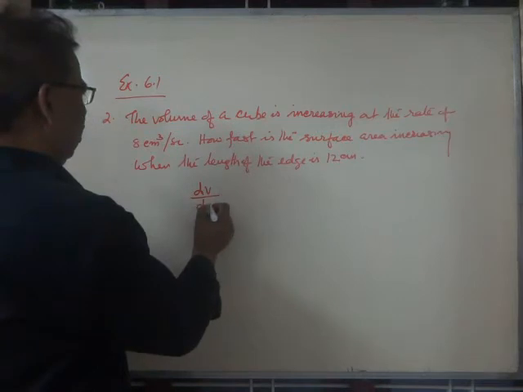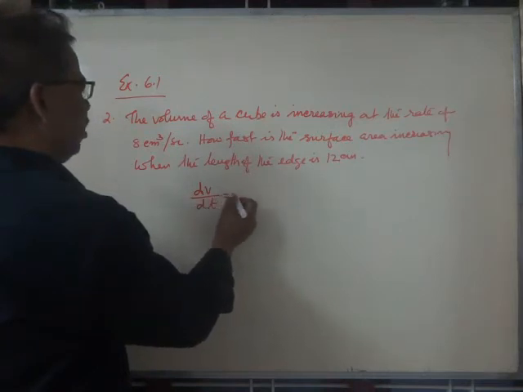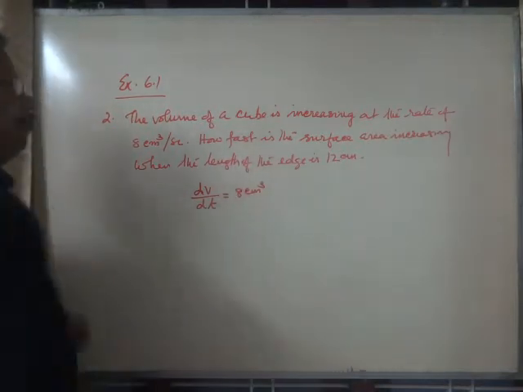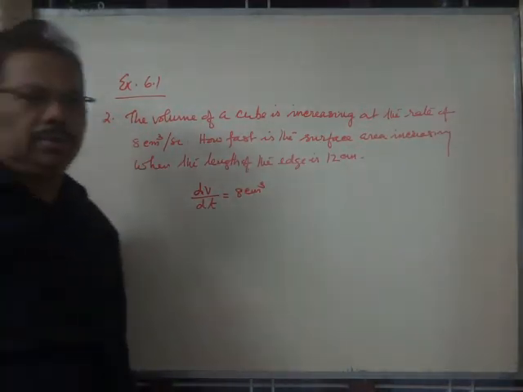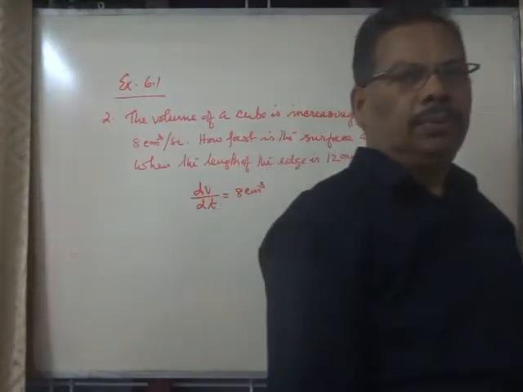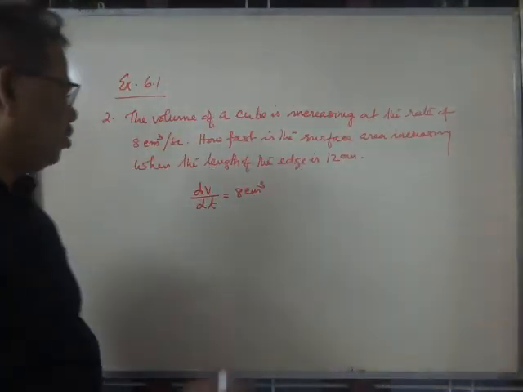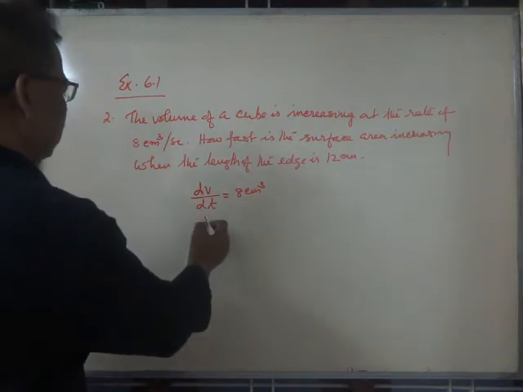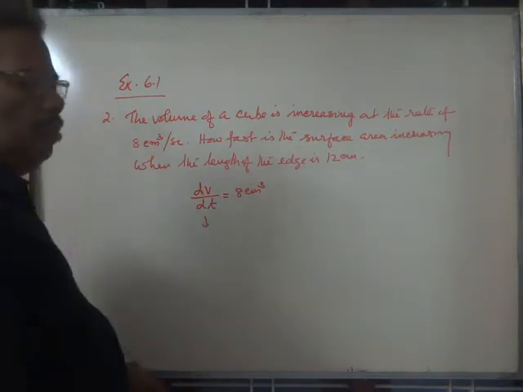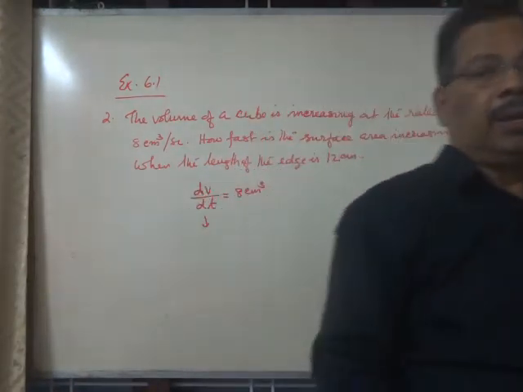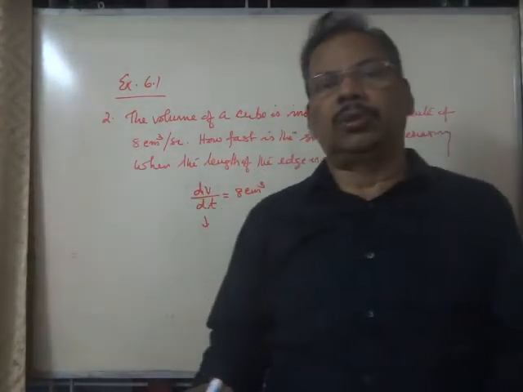Given dV by dt is equal to 8 centimeter cube per second. Volume is increasing at the rate of 8 centimeter cube per second. What is actually dV by dt? The volume of a cube is given by side cube.